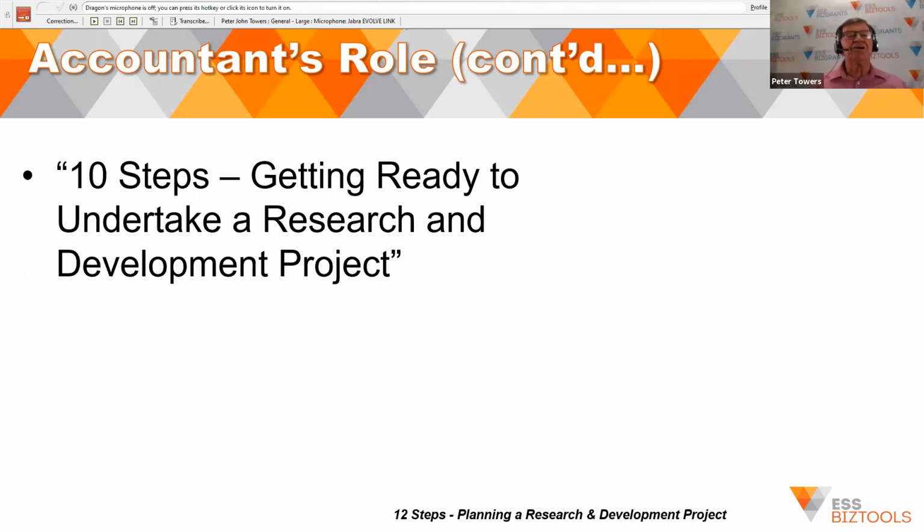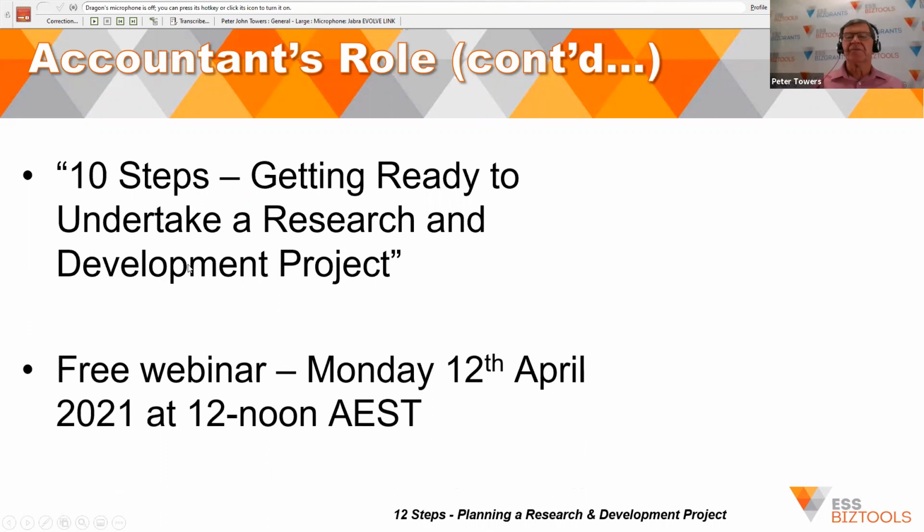And that could include external contractors, consultants, professionals, and other people need to be brought together. And there's a whole range of issues to do with safeguarding of intellectual property, perhaps going through a patent application, and other things that we'll be looking at when we undertake the 10 steps to getting ready to undertake a research and development project.